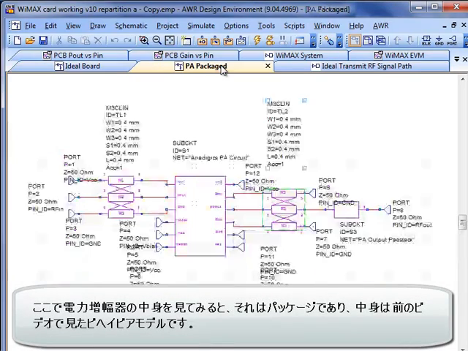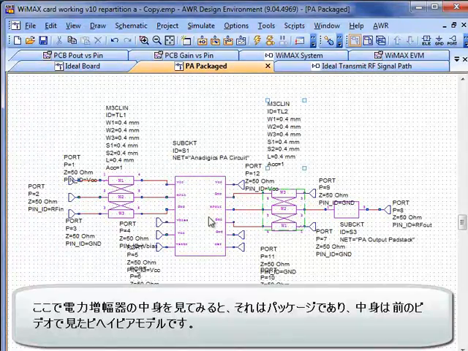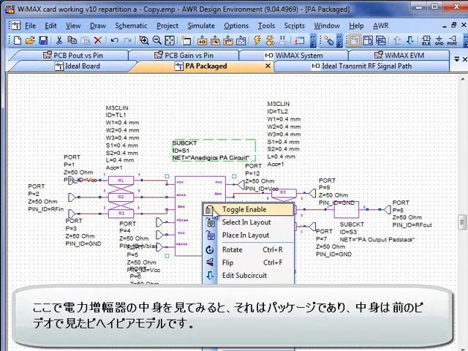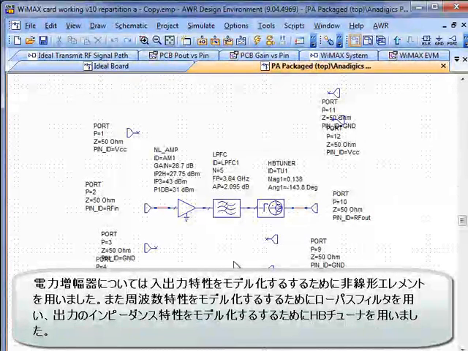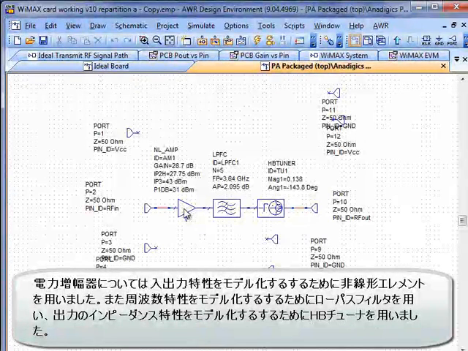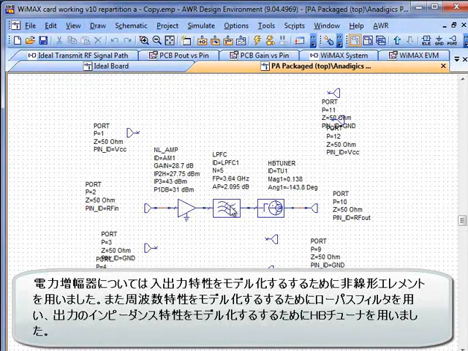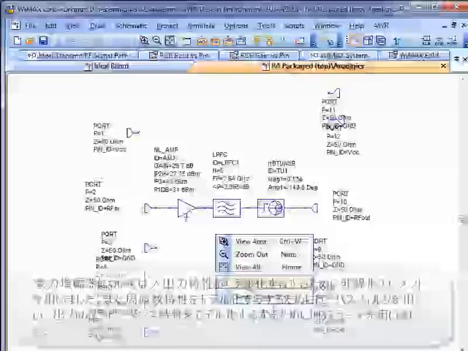If we go into our PA package design, here's the behavioral model that we looked at previously for the power amplifier, where we have a nonlinear element to give us the P in, P out characteristics. We have a low pass filter to give us the frequency characteristics, and we've used an HB tuner to give us the output impedance characteristics.